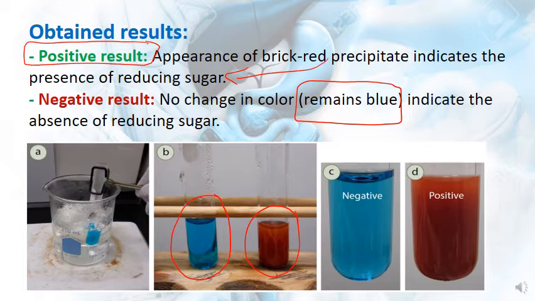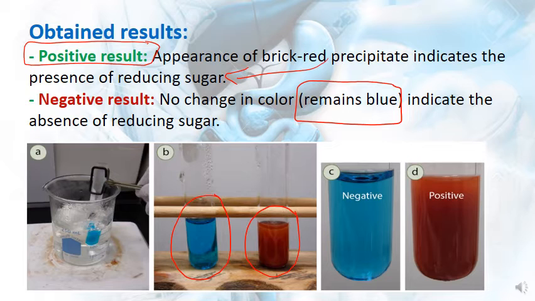So I repeat, we have the procedure for the Fehling solution test. First, we put the food in a test tube to be tested. We add equal drops or equal amounts of Fehling A and Fehling B. Note that the Fehling solution has a blue color. Number 3, we heat the test tube gently over a Bunsen burner.